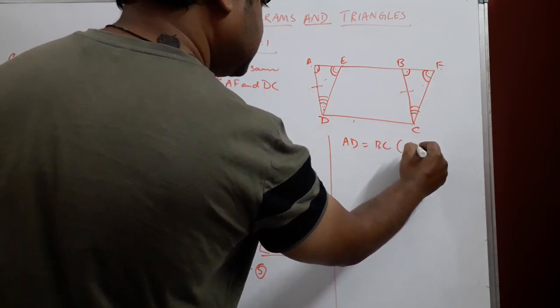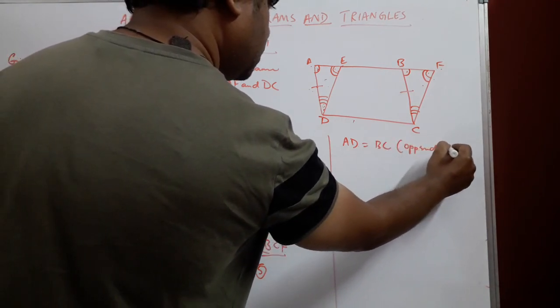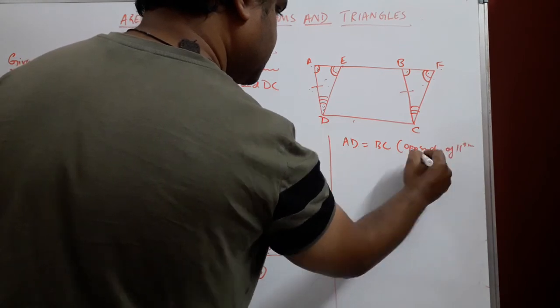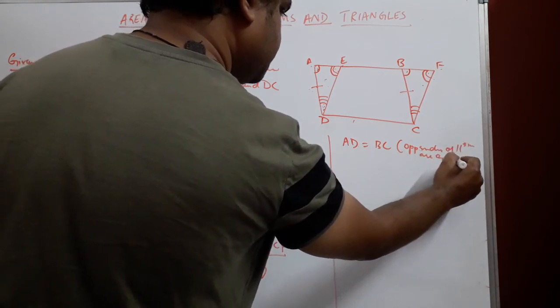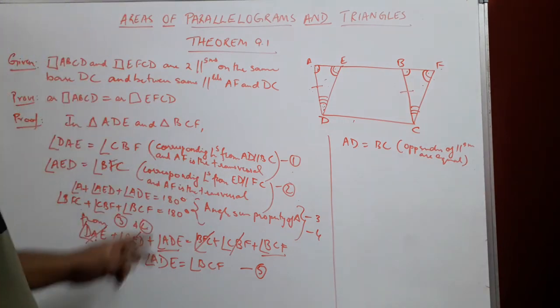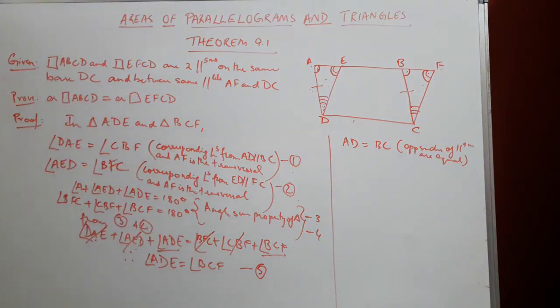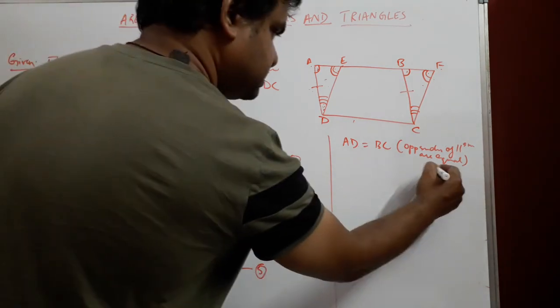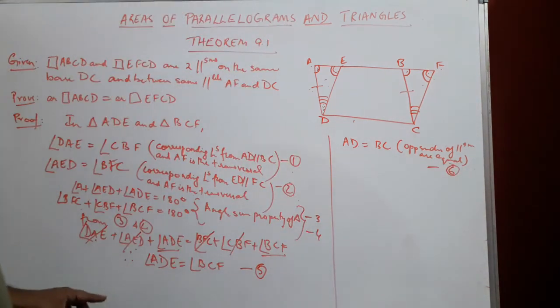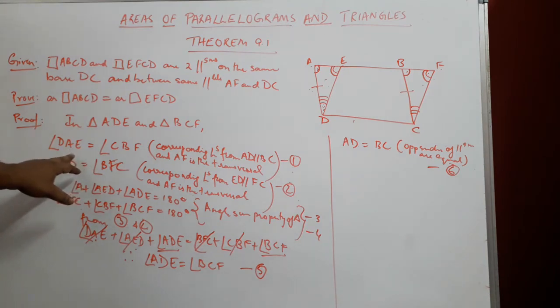Okay, opposite sides of parallelogram are equal. Okay, so AD is equal to BC, and now this will mark as 6. So we can take, since we are taking EAD, that is DAE equal to CBF.